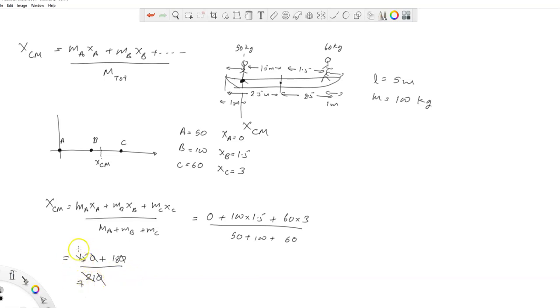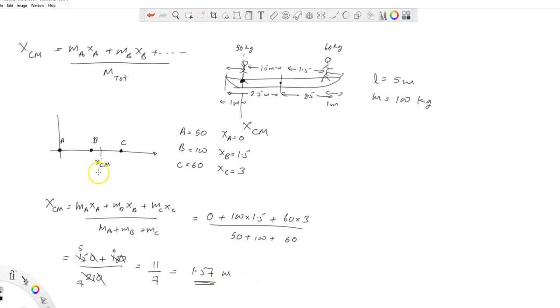So 7, 5, 6, 7, 4, 5, something like this. I'm going to need the calculator. It's too early for me to do this without it. So 11 divided by 7, 1.57, 1.57 meters. That's the distance of XCM.